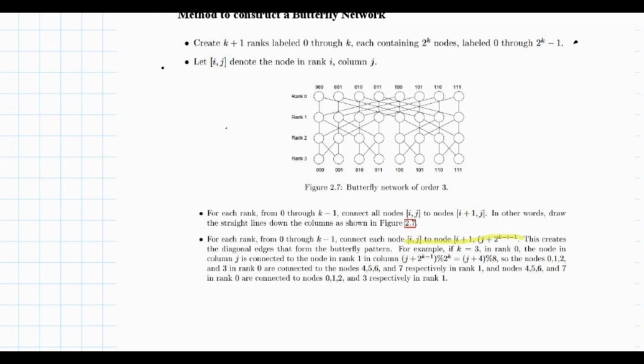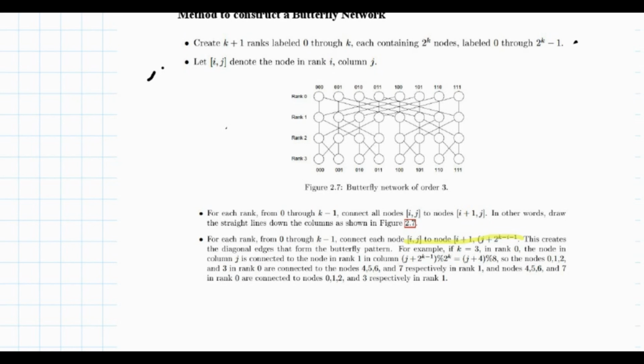For each rank from 0 to k minus 1, connect each node ij to the node which has rank i plus 1, comma, and column number j plus 2 to the power k minus i minus 1. Here there should be a modulo 2 to the power k, where k is the order of the structure.